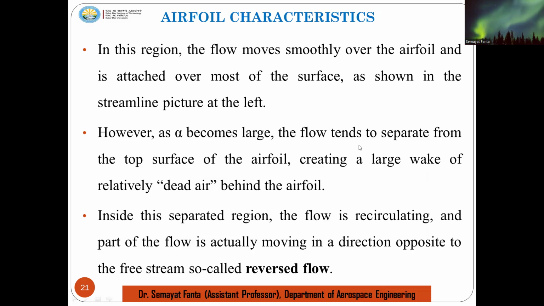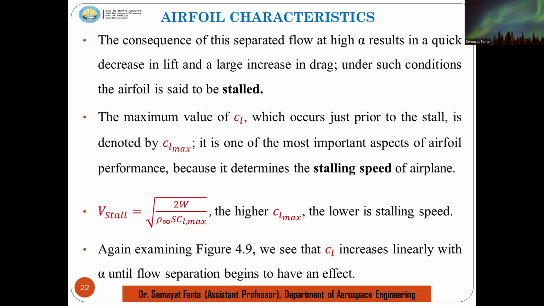Inside this separated region, the flow is recirculating, and part of the flow is actually moving in the direction opposite to the free stream, so-called reverse flow. The consequence of this separated flow at high angle of attack is a quick decrease in lift and a large increase in drag. Under such conditions, the aerofoil is said to be stalled.